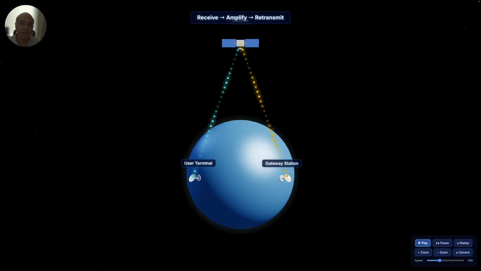If you look at the user terminal talking to the satellite, talking to the gateway, you might notice one thing, because currently it may not appear in the diagram, but this whole thing is falling under the footprint of the satellite. This is pretty important, friends. It has to be under the footprint of the satellite, meaning the satellite should be visible to the user terminal as well as the gateway simultaneously. And if it is not, then this whole thing is not going to work.